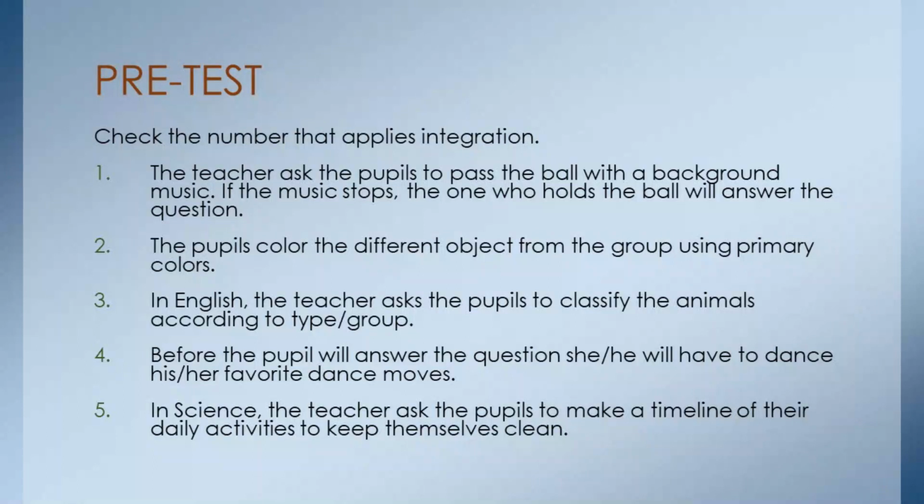Concept, group of animals, subject integrated, science. Number 4. Before the pupil will answer the question, she or he will have to dance his or her favorite dance moves. Item number 4 has no integration because there is no concept of PE that discusses favorite dance moves.